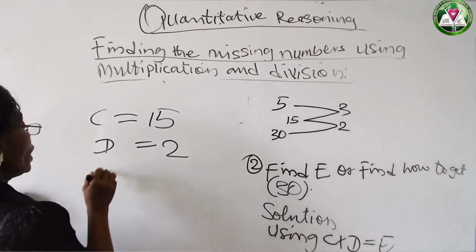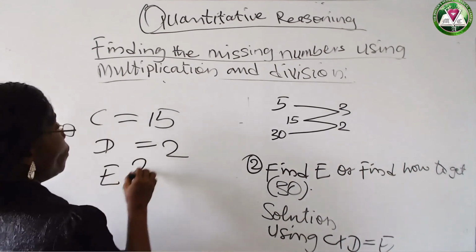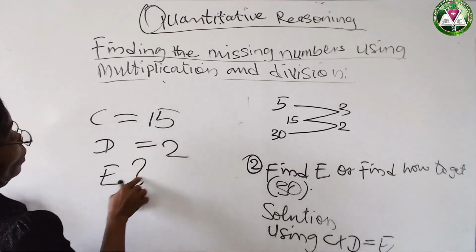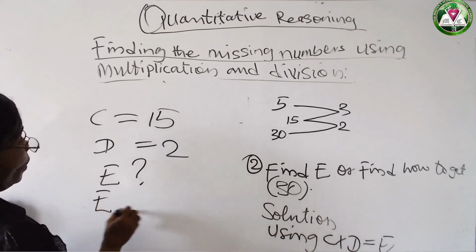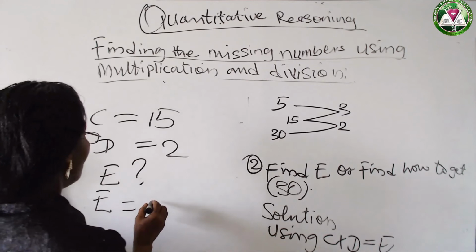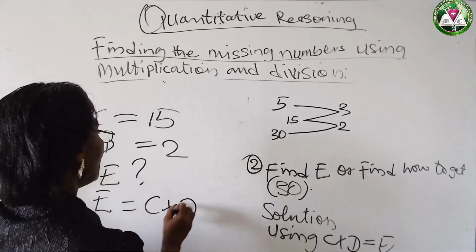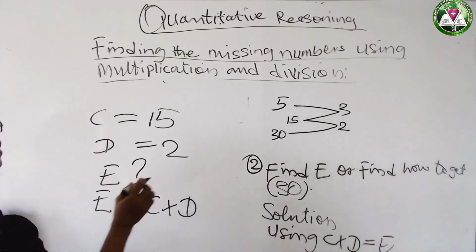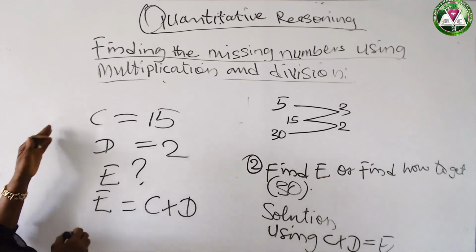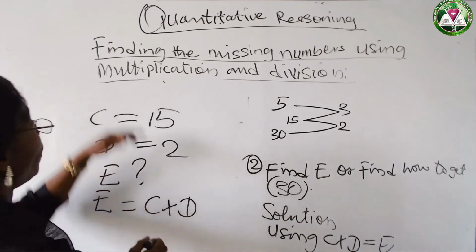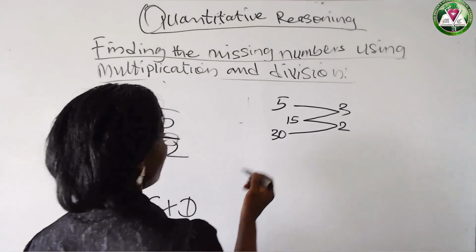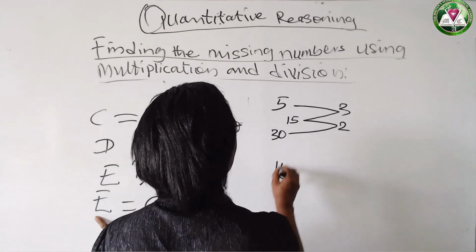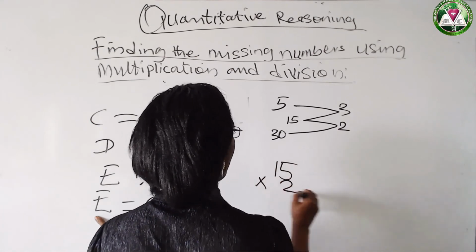Okay. So E equals to what? So E will be equals to C times D. Now let's substitute. Let's replace this formula with these numbers. So this will give us 15 times 2.